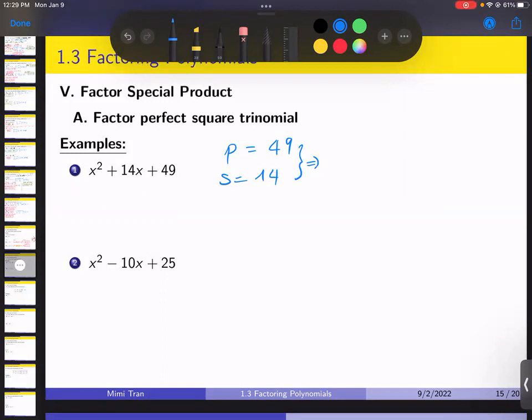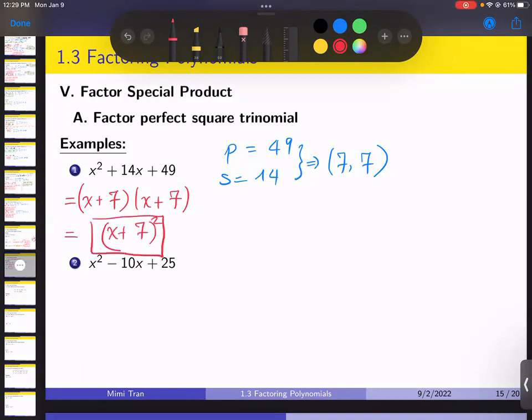Give me those 2 numbers. 7 and 7. Thank you. So x plus 7, x plus 7. Don't stop right here. That's x plus 7 quantity squared. And that should be your final answer.